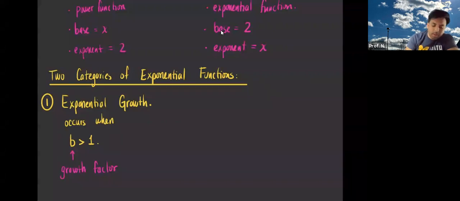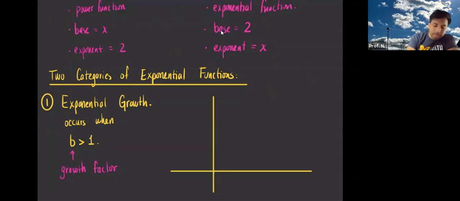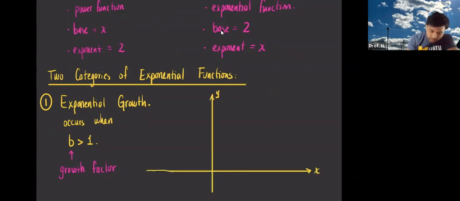Now, what would that look like if we were to give a little sketch? So exponential functions have this little graph here. When you have a growing exponential function, to the right, it just blows up.